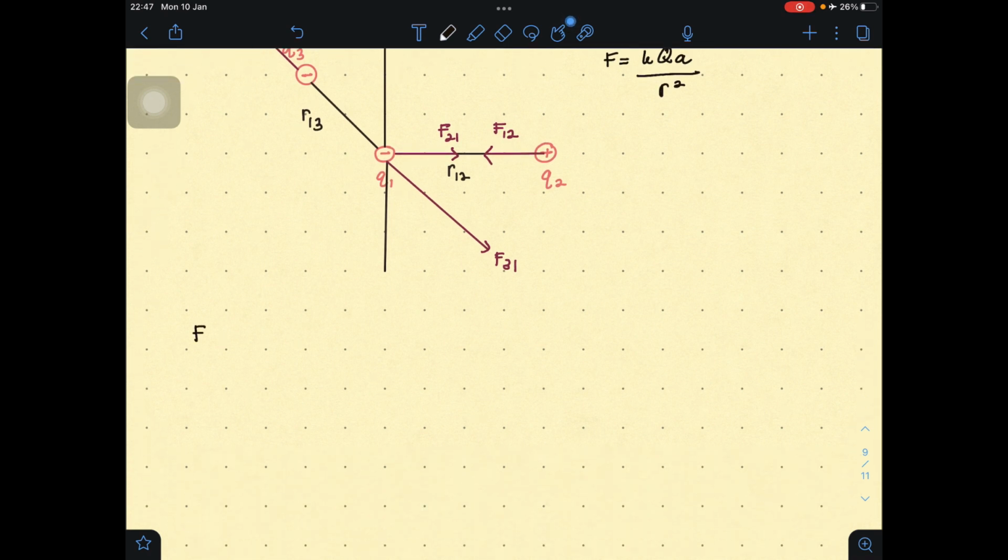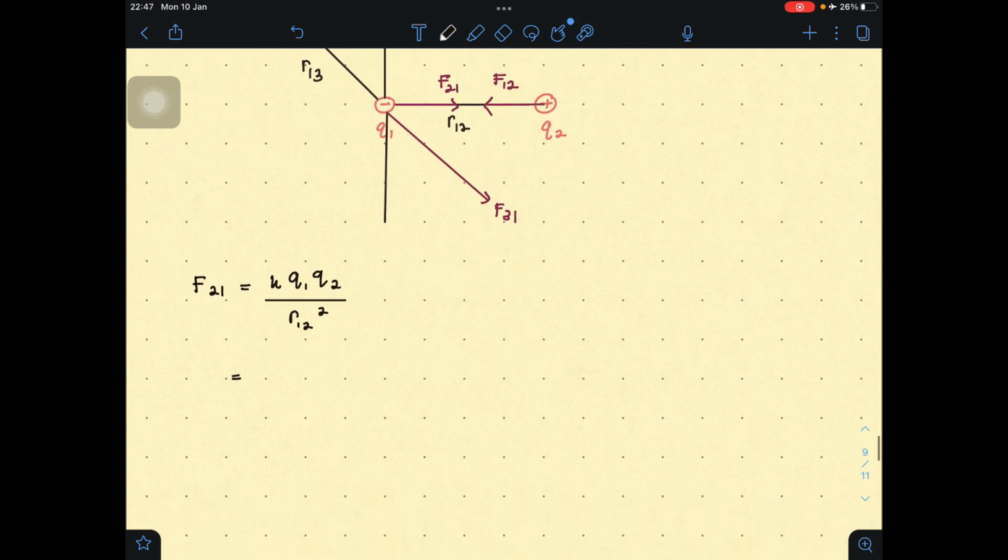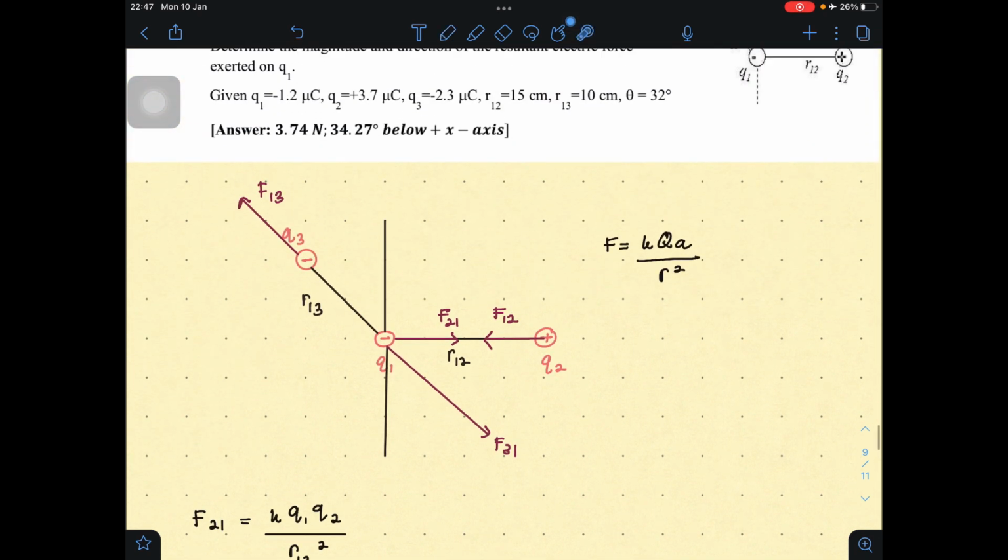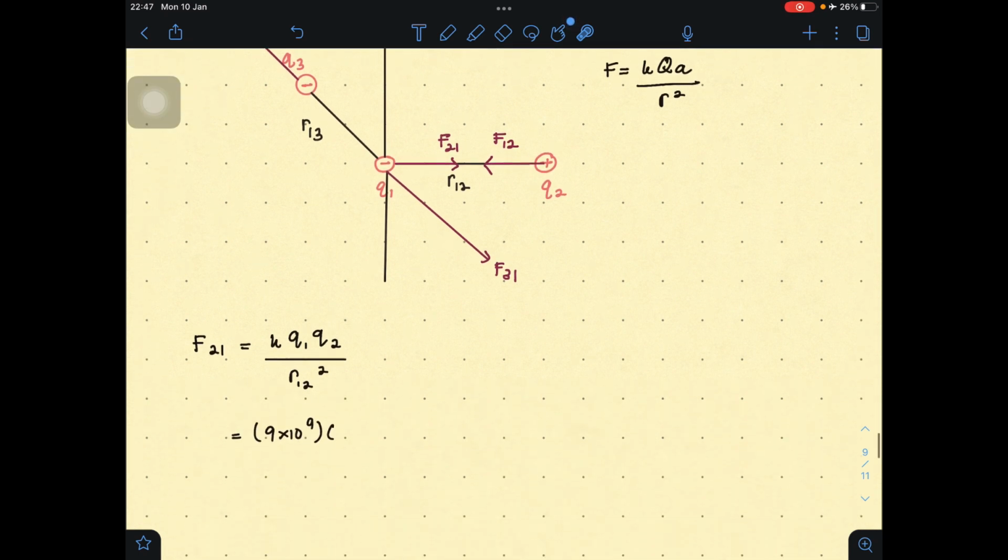So for F21 will be equal to KQ1 Q2 divided by R12 square. So you just masukkan the value. K is the constant value. Q1 is given here. This is Q1, this is Q2, this one is Q3.